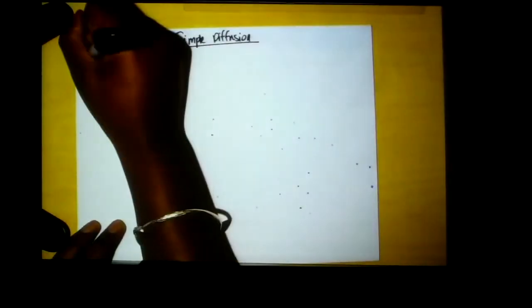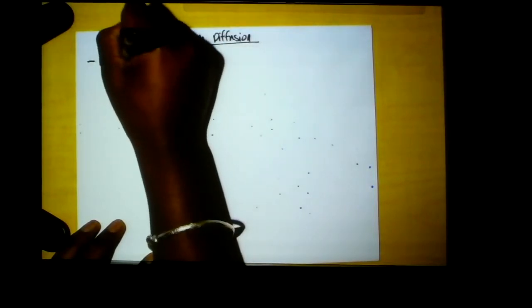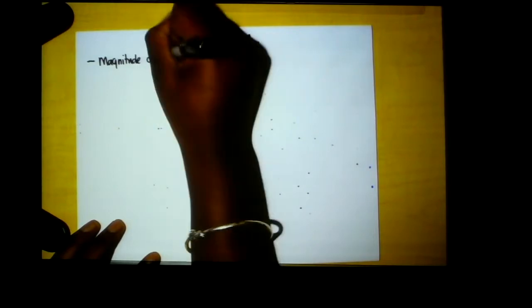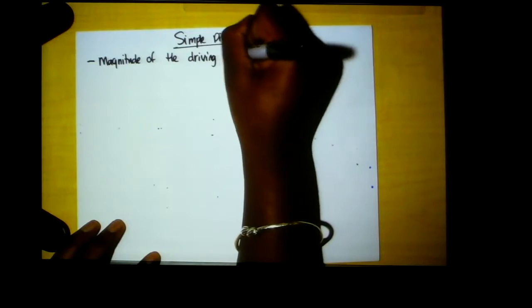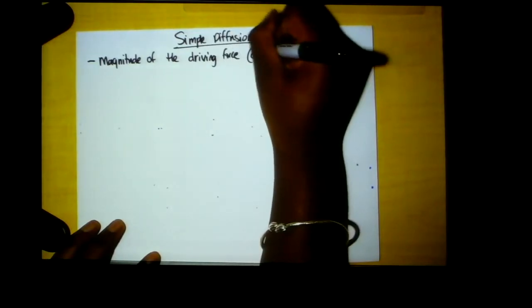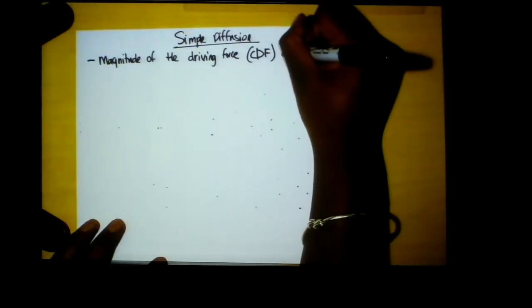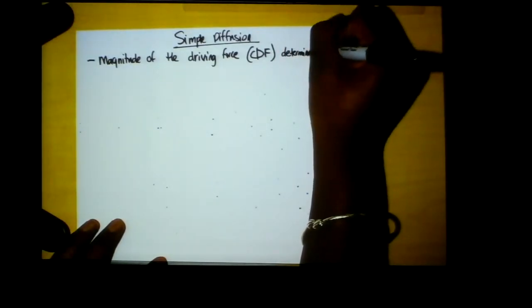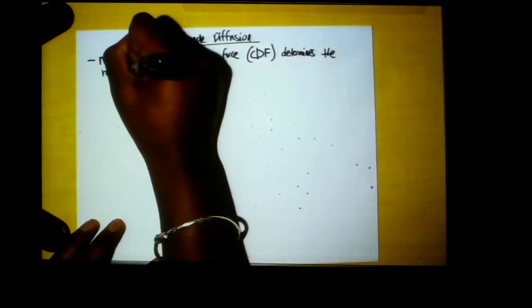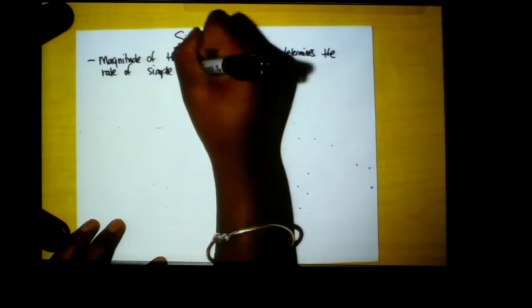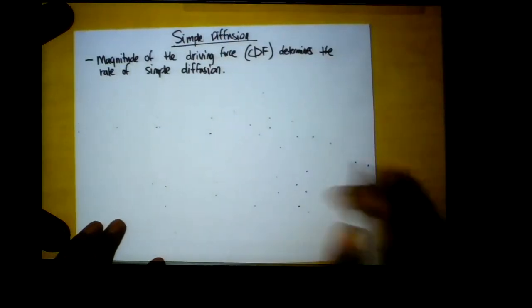And we're basically saying that the magnitude of the driving force, and again, most commonly we're talking about the chemical driving force, determines the rate of simple diffusion. Okay? And so let's look at a scenario.